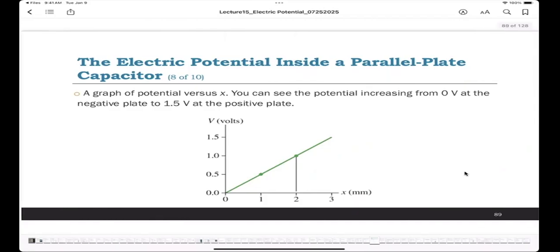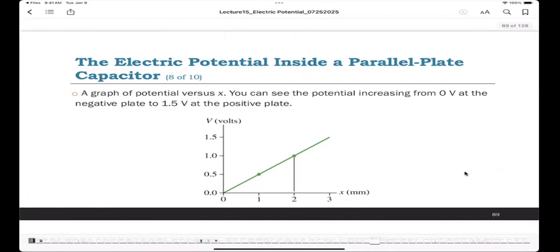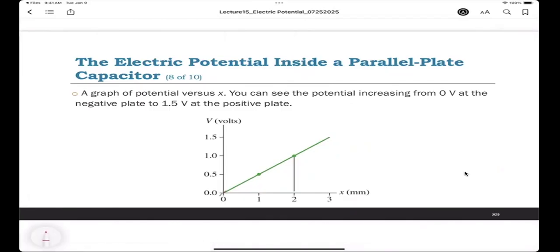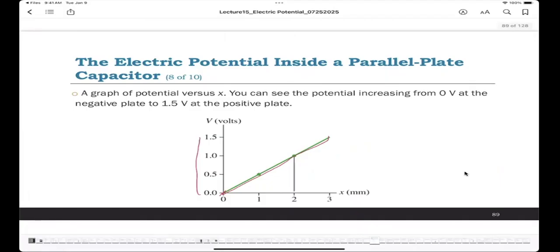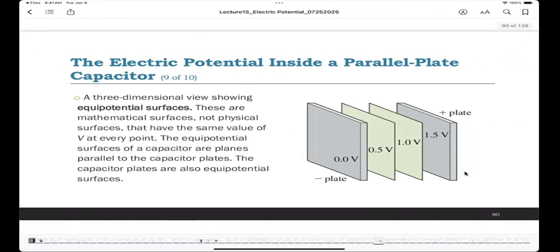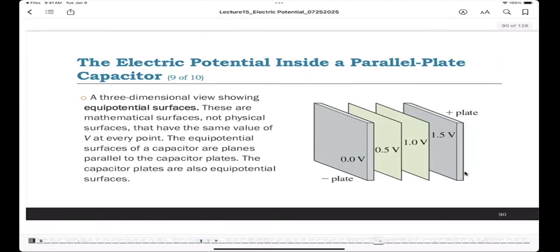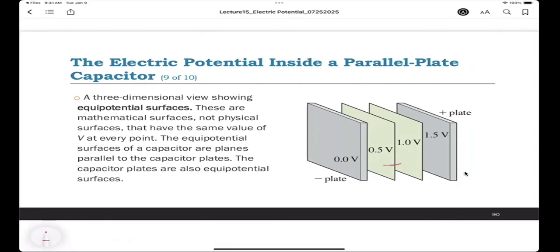You can see the voltage is from 0 to 1.5. Okay, a three-dimensional view showing potential surfaces. These are mathematical surfaces, not physical surfaces. Actually, this surface does not exist.